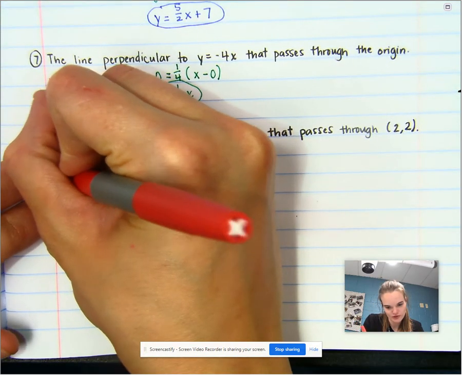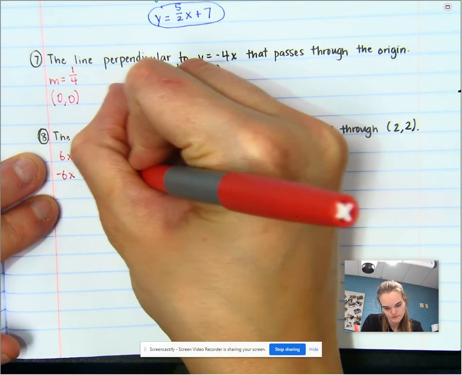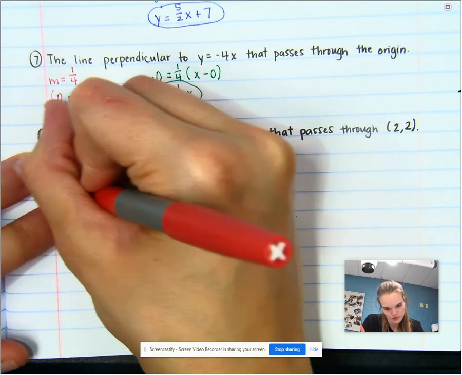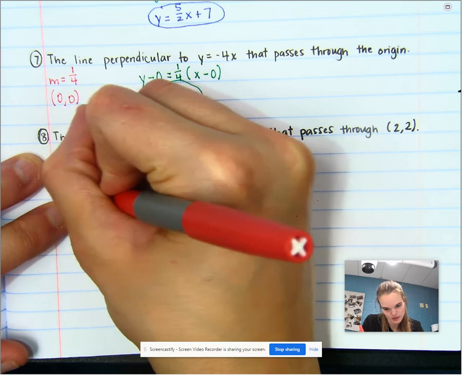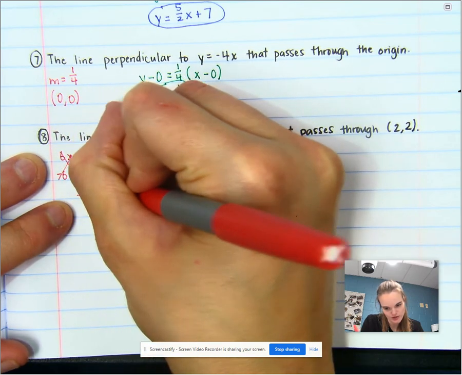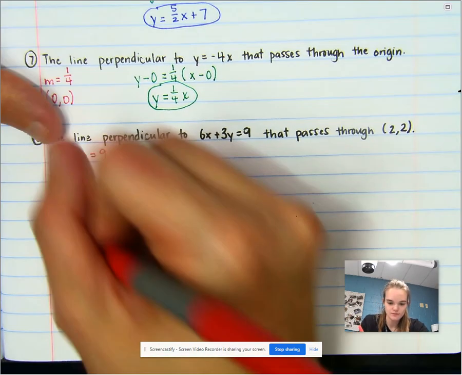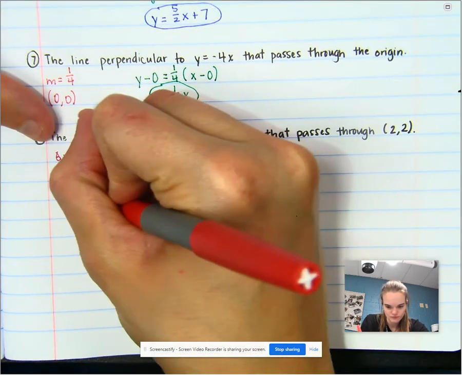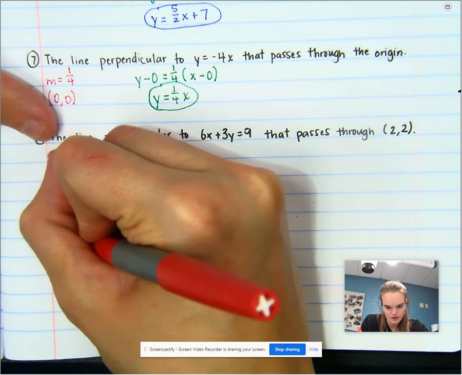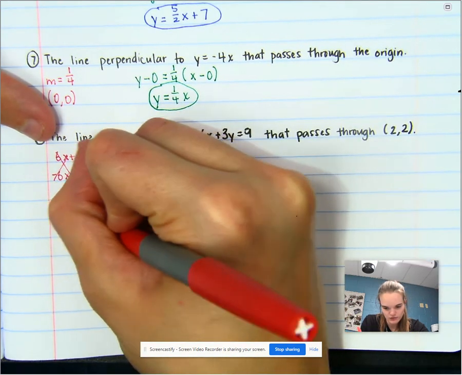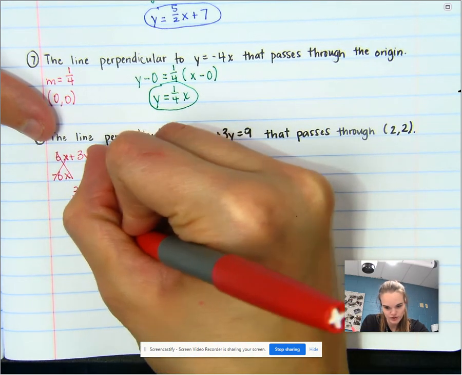So I'm going to subtract 6x to do that. 3y equals negative 6x plus 9. Divide by 3. Y equals negative 2x plus 3.